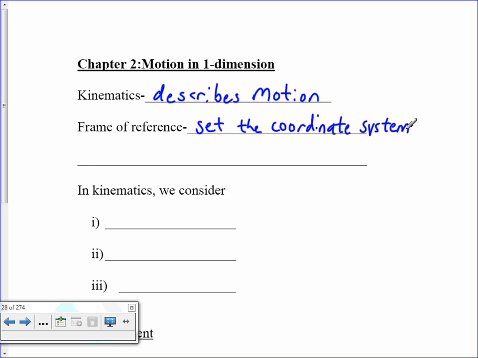So we set the coordinate system and the origin. That is, we define what we call 0. And then also ask the question, from where are you observing the motion?